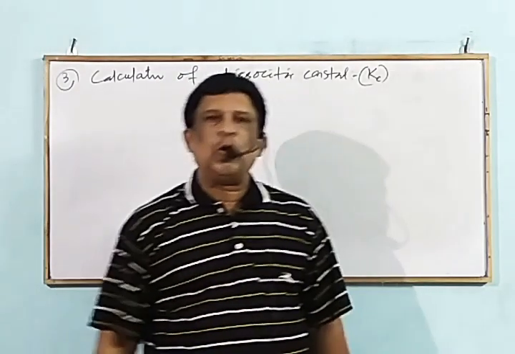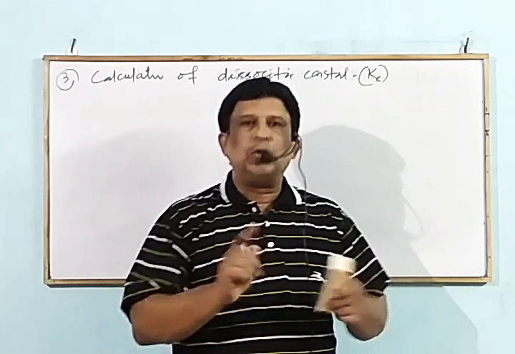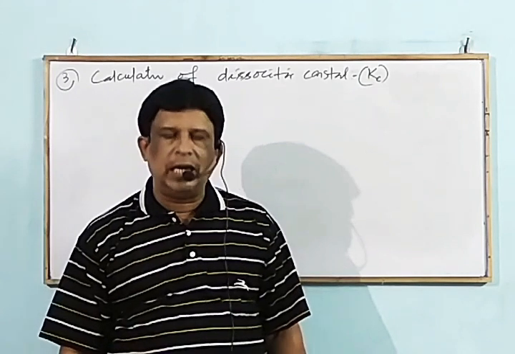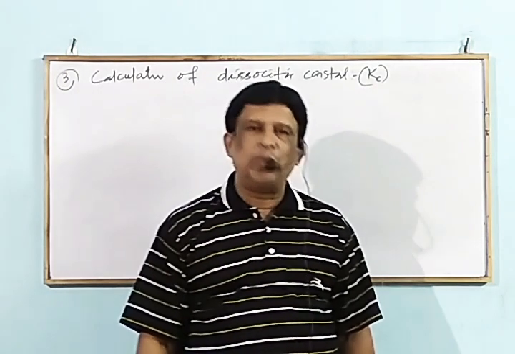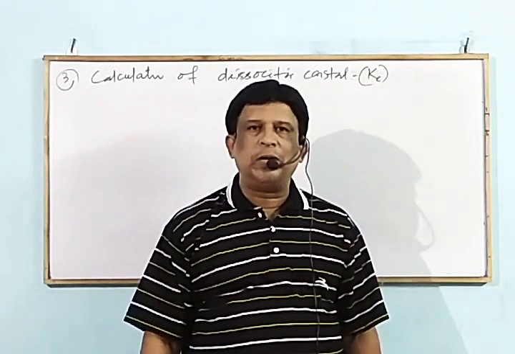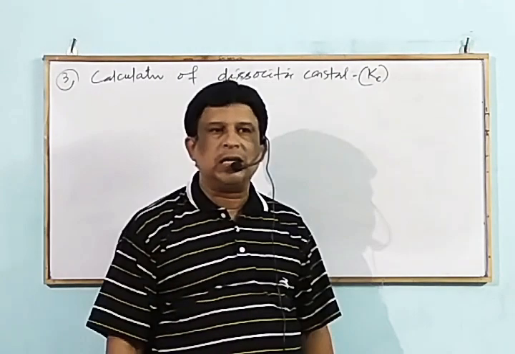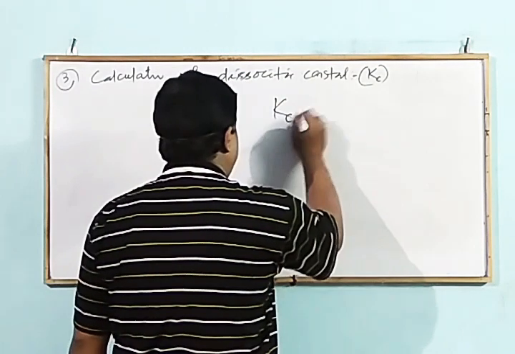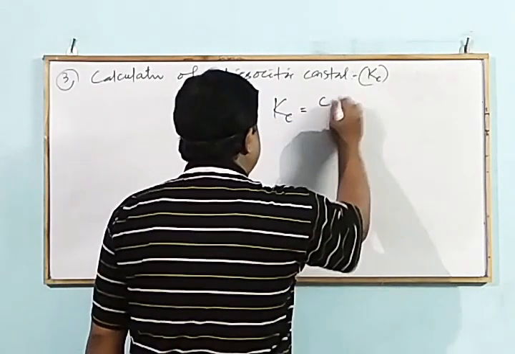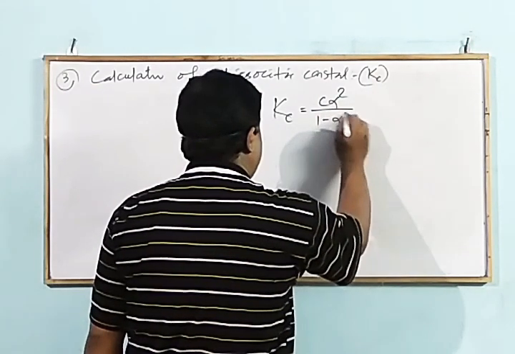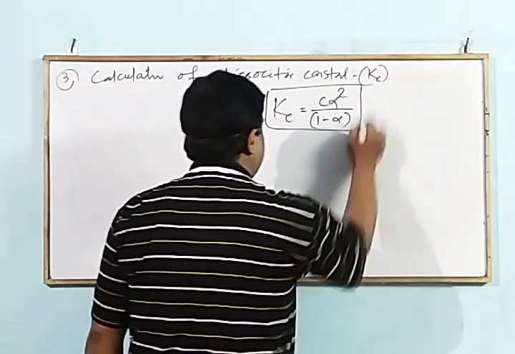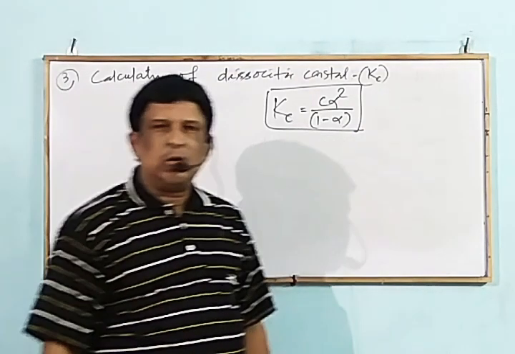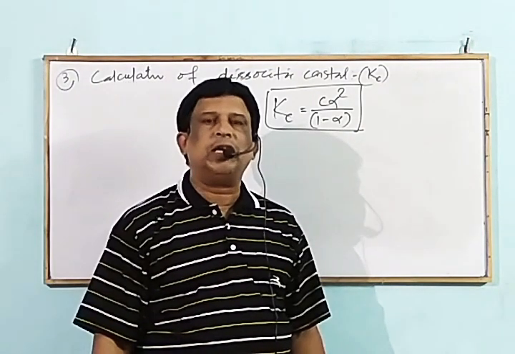After knowing the concentration and the degree of dissociation for a weak electrolyte at infinite dilution, one is able to calculate the dissociation constant or ionization constant by the formula K or Kc is equal to C alpha square by 1 minus alpha, where C is the concentration and alpha is the degree of dissociation or degree of ionization.